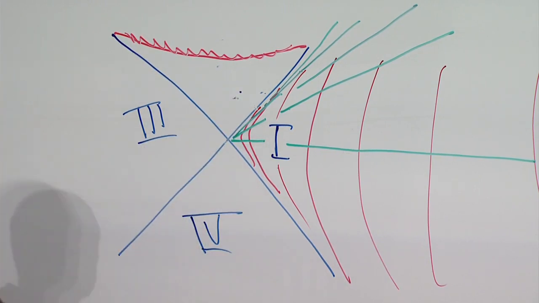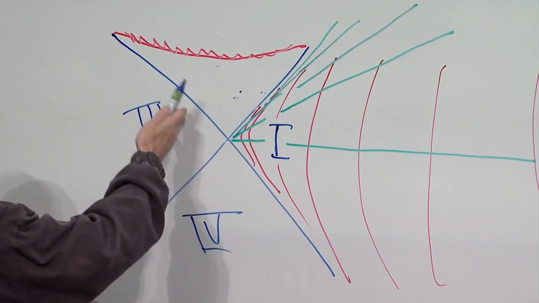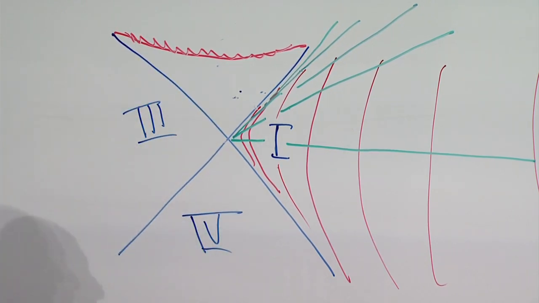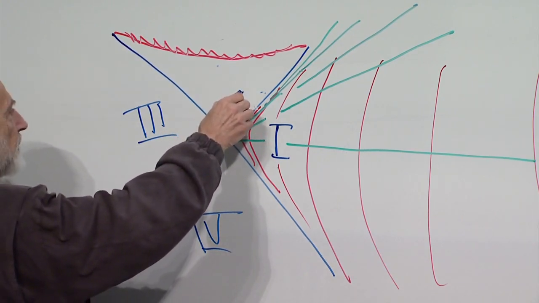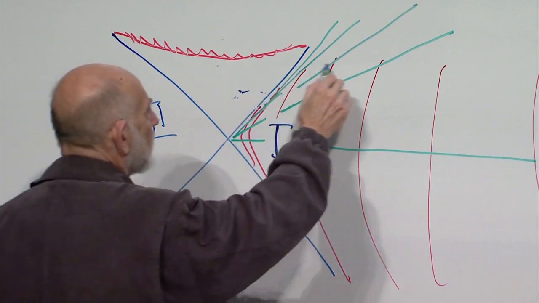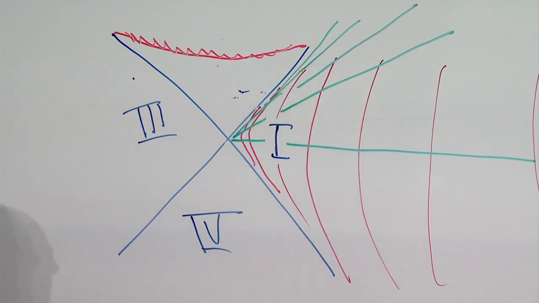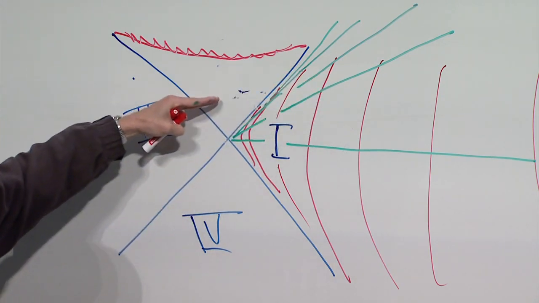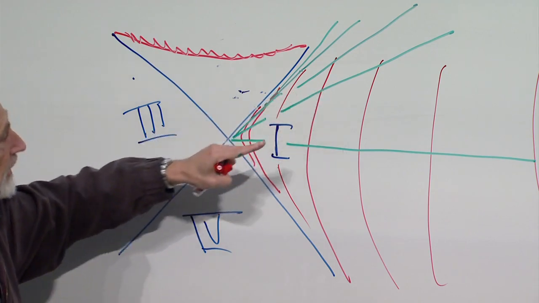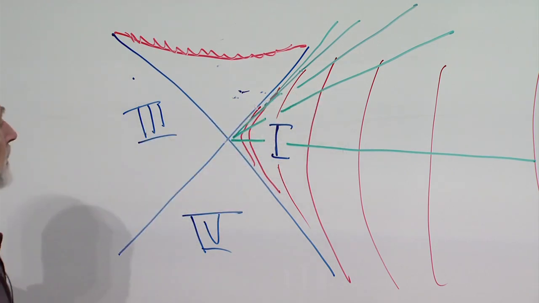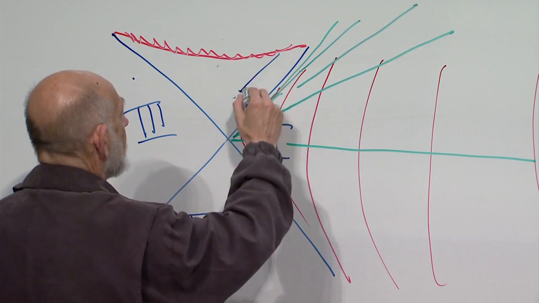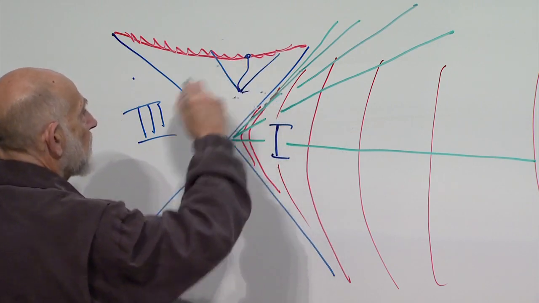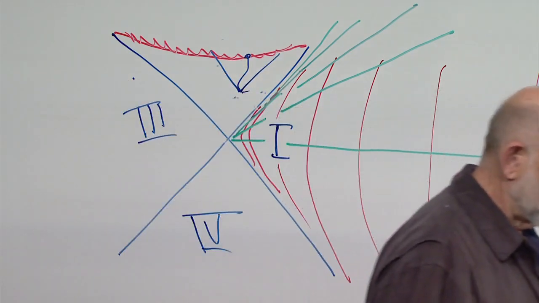Even if quadrant 3 was meaningful, which it is not, you can't escape from here to out here or to out here without exceeding the speed of light. Your trajectory somewhere has to have a direction which is shallower than 45 degrees, and that means exceeding the speed of light. So if you don't exceed the speed of light, the only place you can wind up is somewhere on the singularity. So you're doomed.